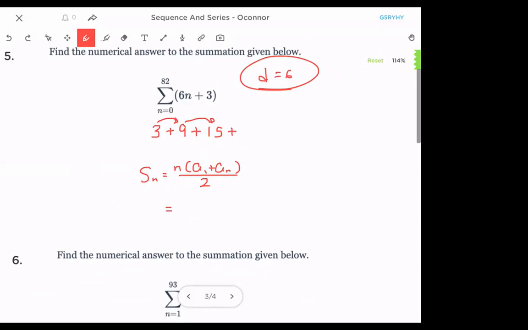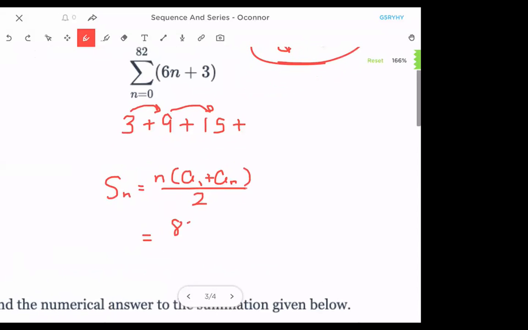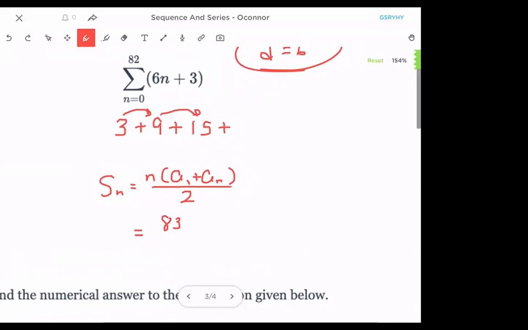Well, n is how many terms there are. So to find the total number of terms, if I plug in 0, then 1, then 2, then 3, then 4, all the way up to 82, there's actually going to be 83 terms. Because 1 through 82 would be 82, plus the 0. So I have 83 terms.